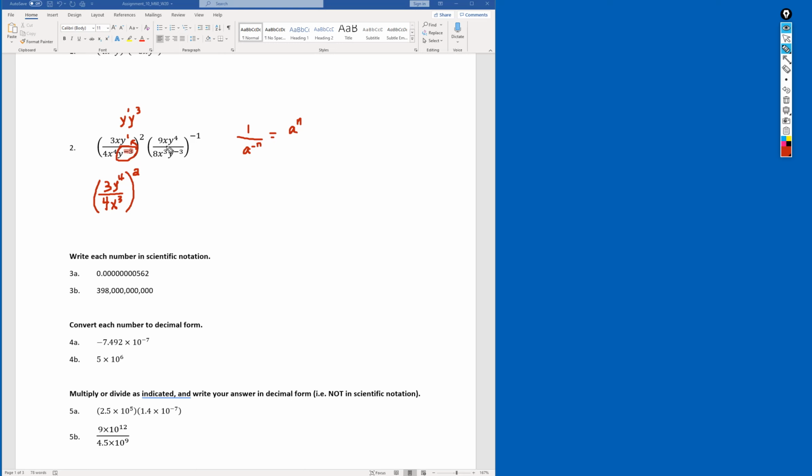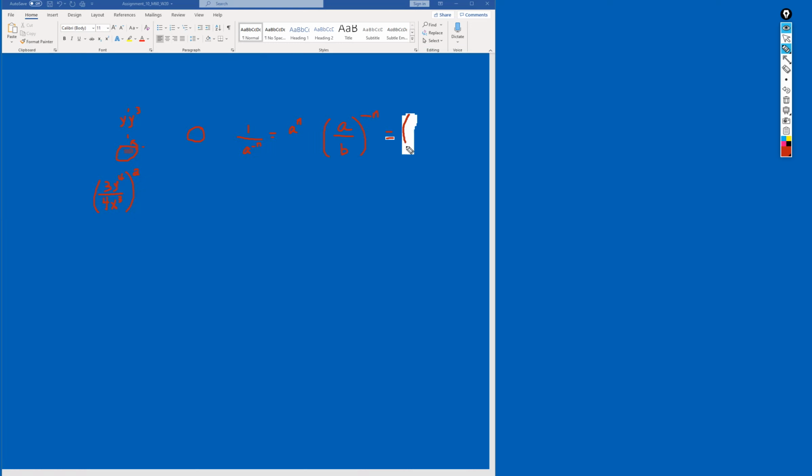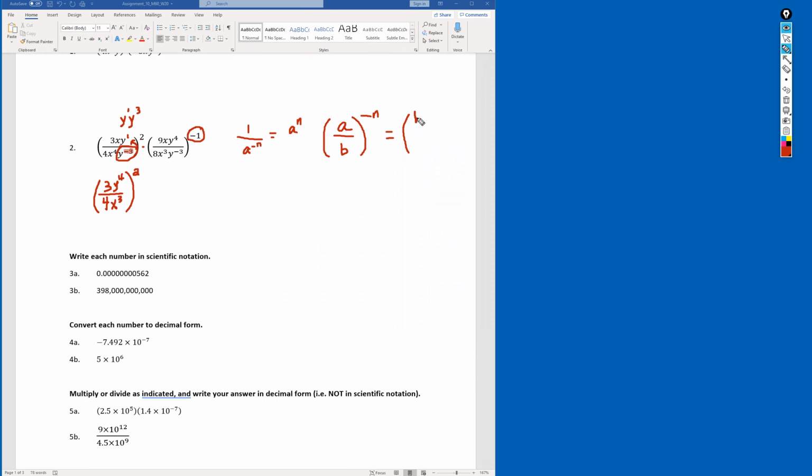Now let's look at this second expression, because we're going to take this first one times the second one. The key thing here is that we have this outside exponent of negative 1. Now, the rule here is if you have, say, a over b to the negative n, then you can just flip everything inside.